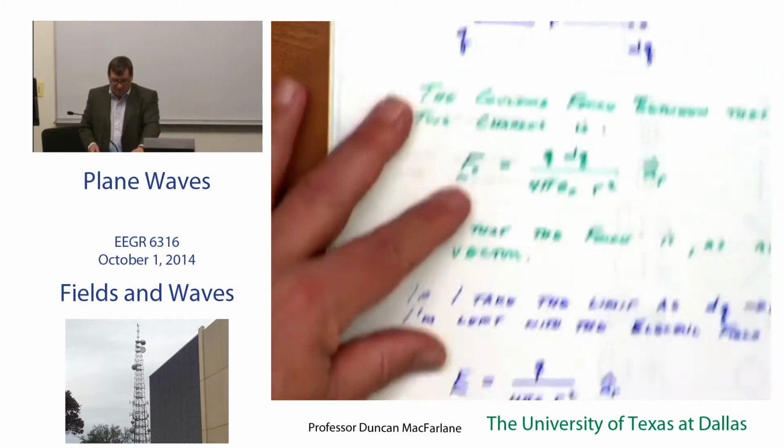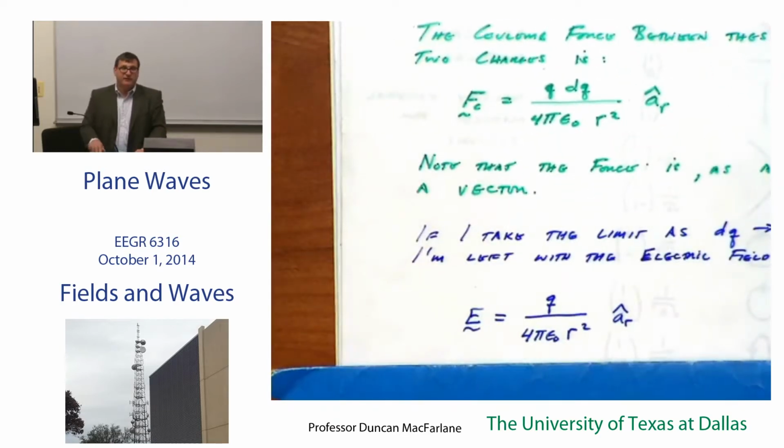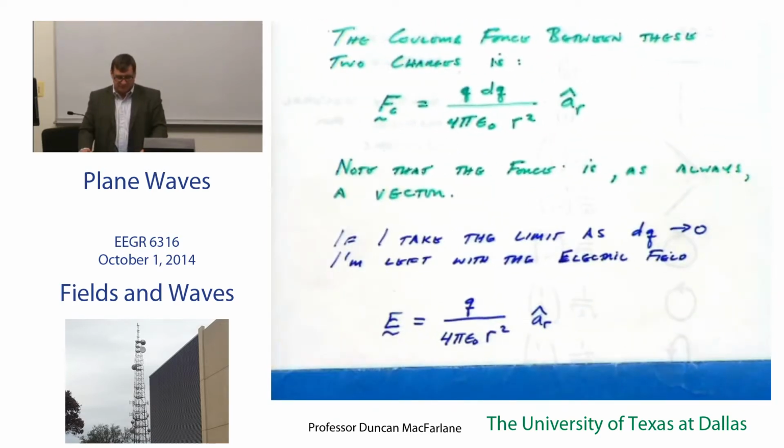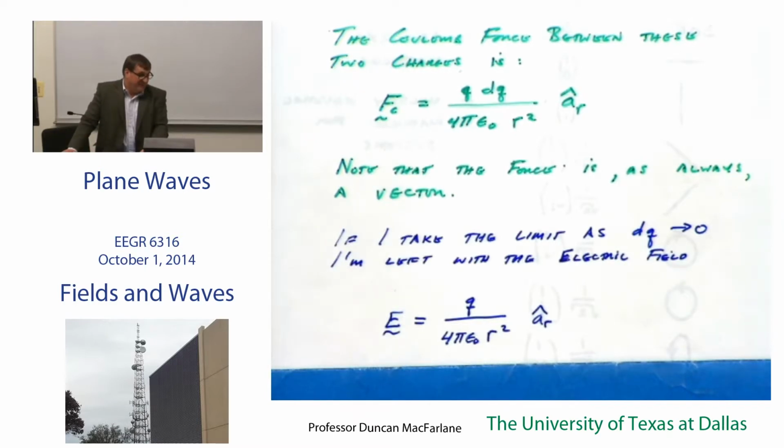And therefore, if I take the limit as dq goes to 0, I have an electric field, and that electric field has to be a vector. Okay? So when I do these superpositions of plane waves, I have to superimpose vectors together. I have to consider superpositions of vectors. Okay?